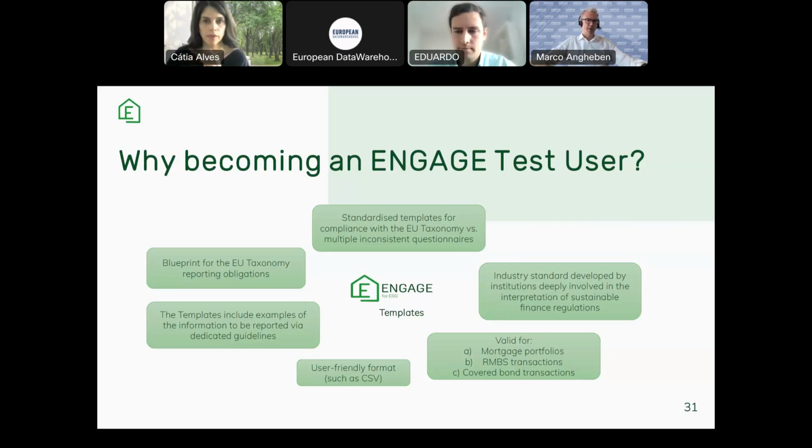We are also including examples of the information to be reported by the dedicated web guidelines. It was important that we adopt a user-friendly format such as CSV. It's valid for mortgage portfolios, RMBS transactions, and covered bonds, and as you can see from the discussions we are having with UCI and also with WONU, it's being tested with real experts in the field.